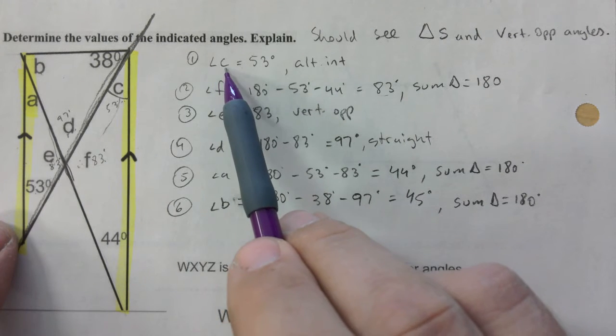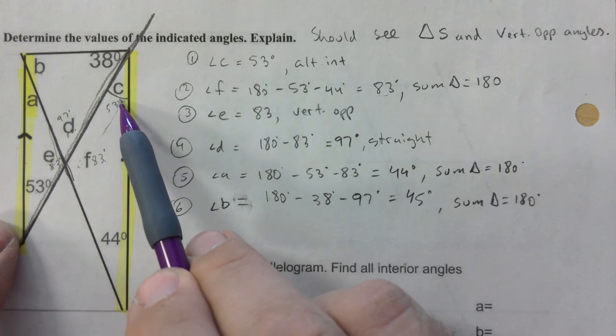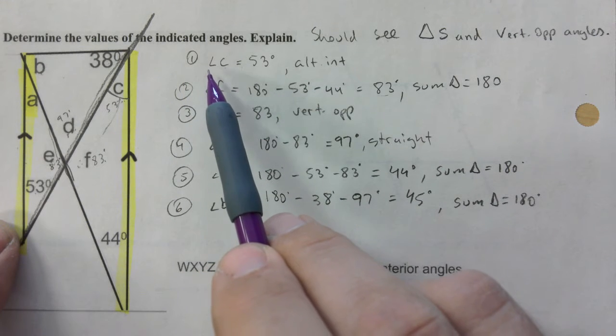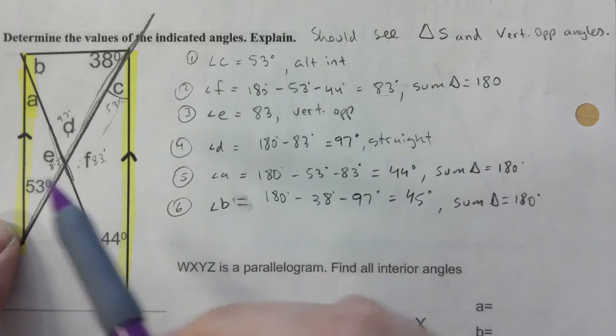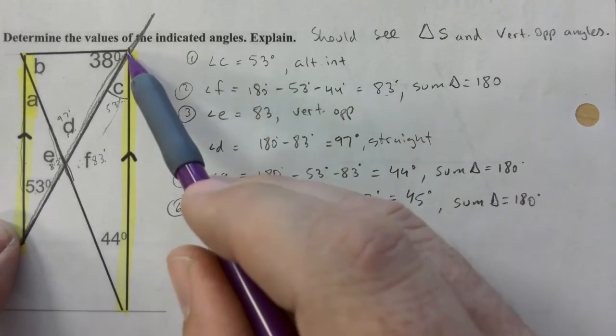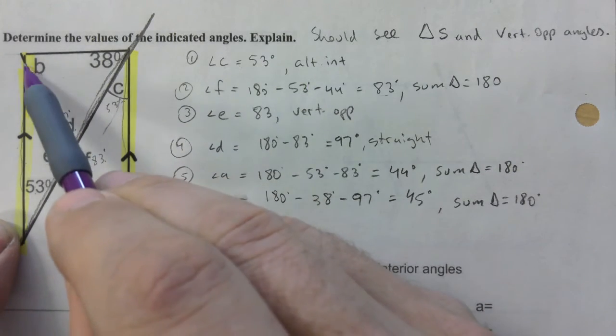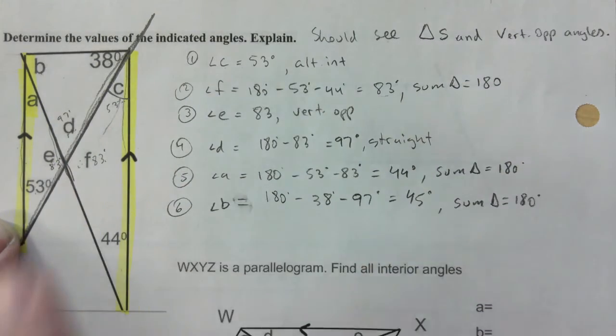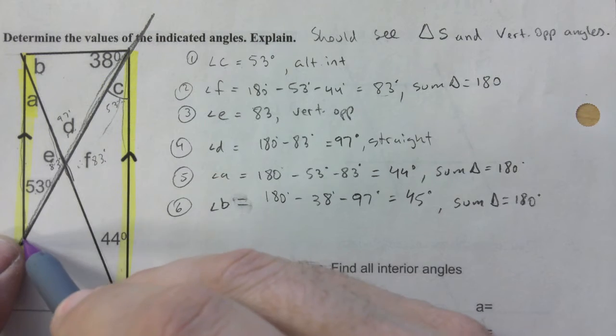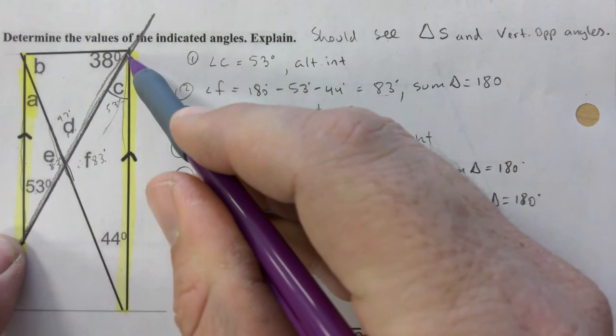So I started with angle C, which is right here. And this one was the most difficult one to get me started, right? You have to first realize that these are your parallel lines. You have to almost erase this in your head, right? Don't worry about that. You can't do two transversals at a time. You can only follow one of them at a time.